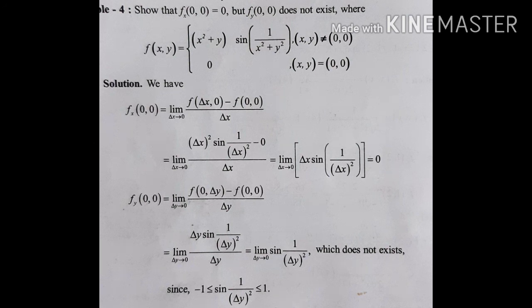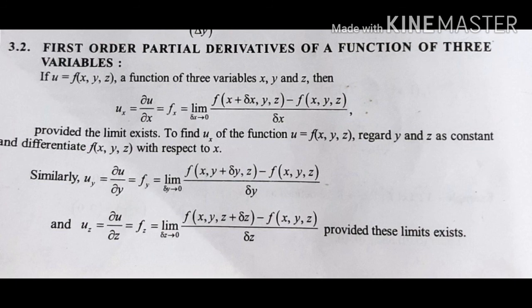Now partial derivatives of a function of three variables. In the same way we can apply partial derivatives for three variables. For three variables, fx is equal to limit delta x tends to 0 of f(x plus delta x, y, z) minus f(x, y, z) divided by delta x.